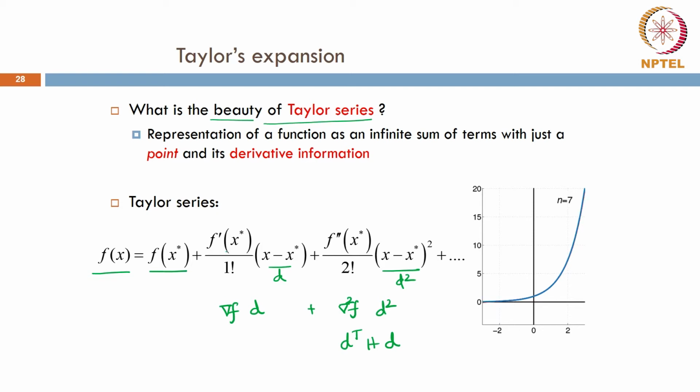So, del f means gradient information times d, x minus x star, it is the distance between the point that you want and the actual point where you know the function, that is d, and the square of that is d squared. So, this information f double prime is nothing but your Hessian second order information. So, I can write it as del squared f d squared, but in quadratic sense this del squared f is nothing but your Hessian H, I am just giving the representation H. Okay.